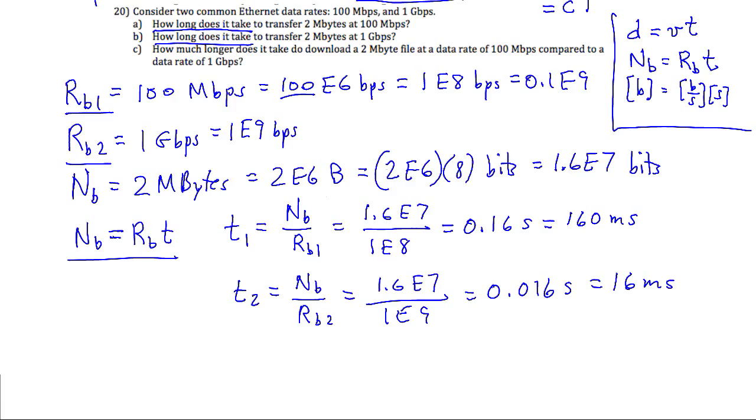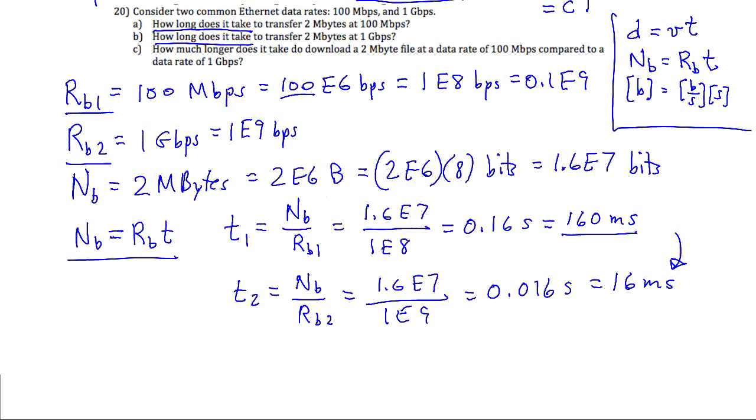One-tenth the amount of time. In words, if you wrote out a sentence, you could say T1 was 160 milliseconds, but the data rate for 2 was 10 times that, so the amount of time will be 1/10, or 16 milliseconds. If you write that out in a sentence, it's fine.